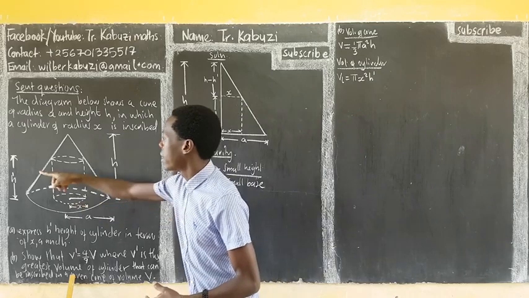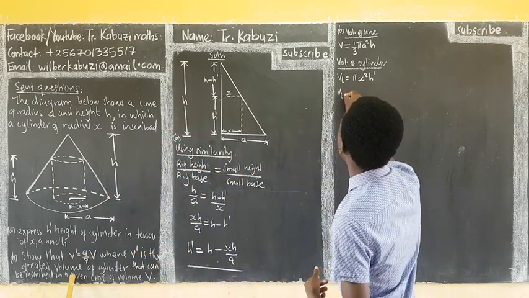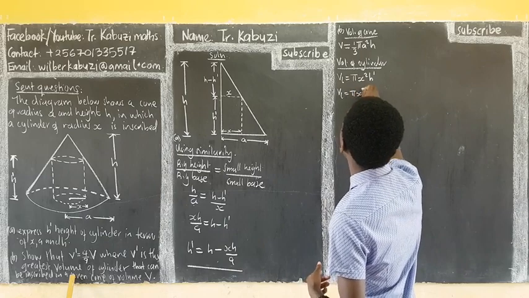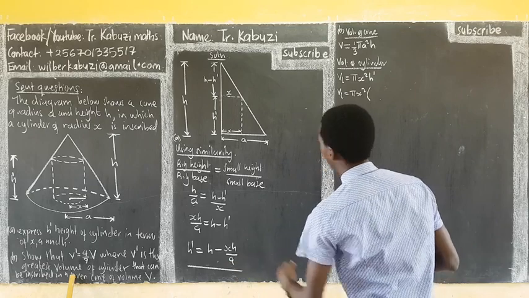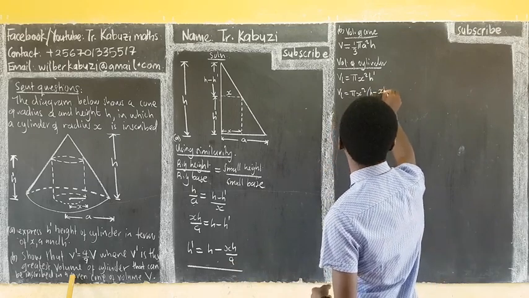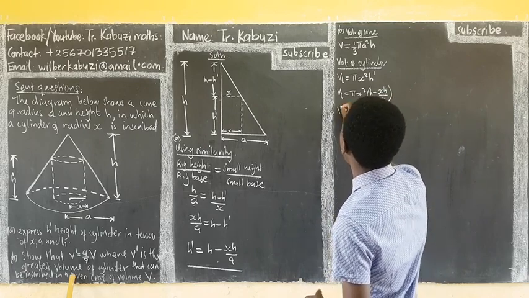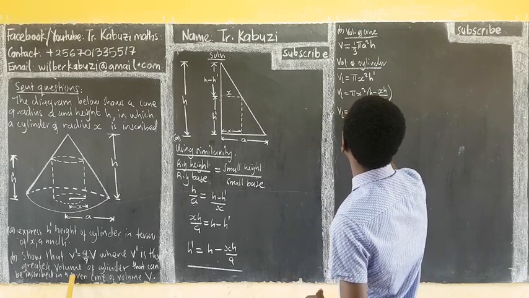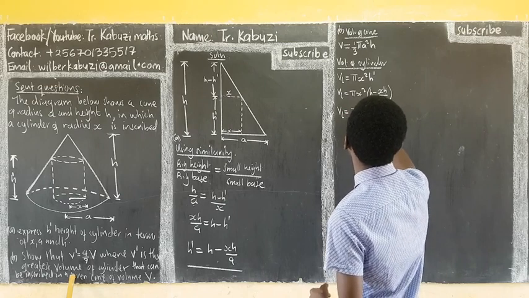The height of the cylinder is h prime there. But we have this, so my V_L is going to be pi x squared into h minus xh over a, which when I open brackets, I have V_L equal to pi x squared h minus pi x cubed h over a.